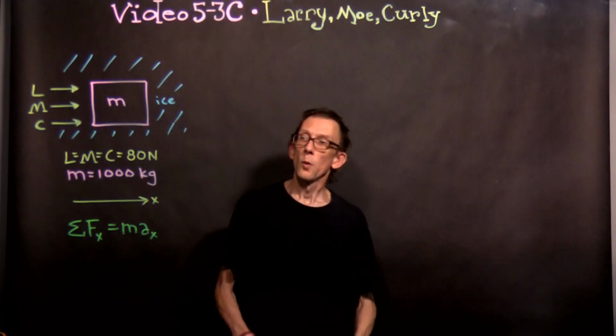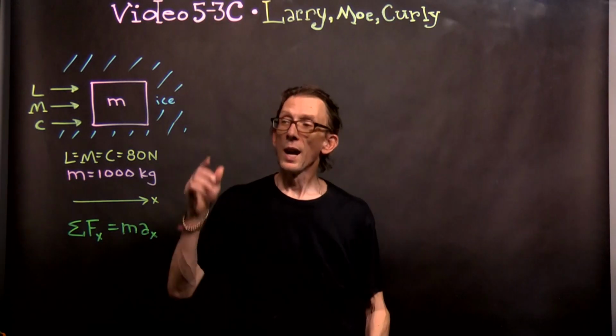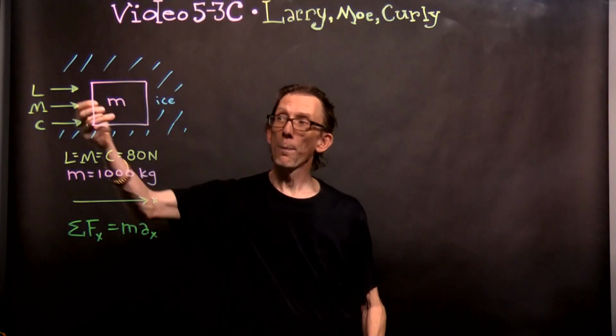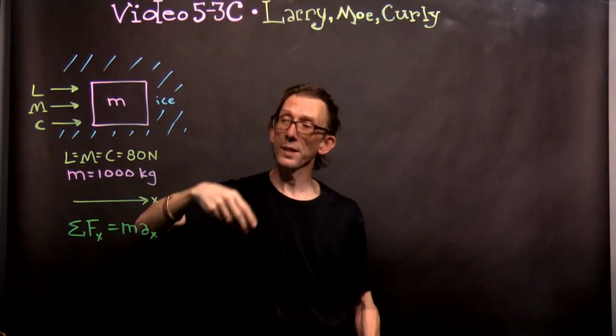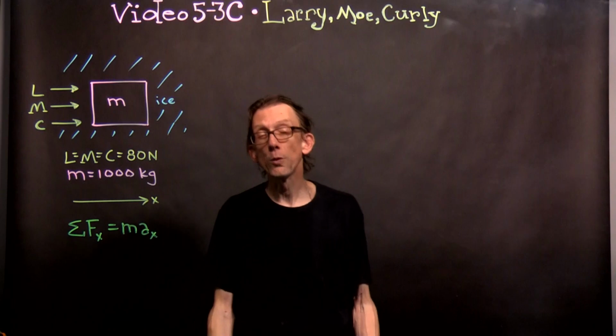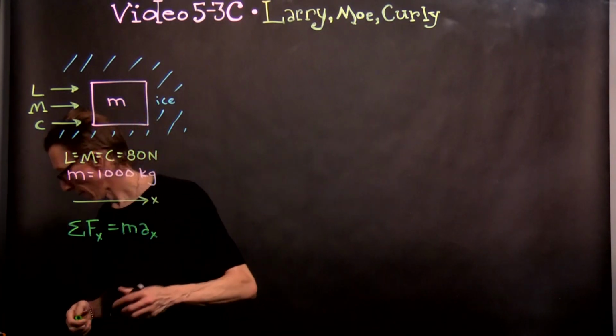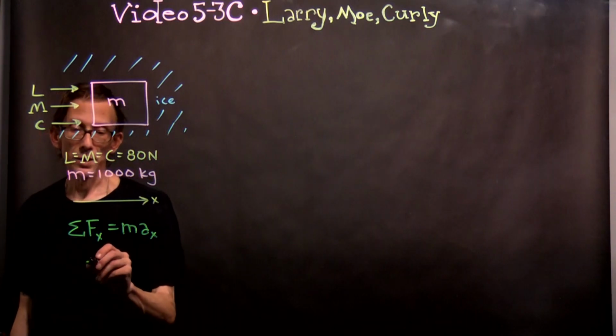So, we have three forces, L, M, and C, Larry, Moe, and Curly, and each of these gentlemen are pushing the crate across the ice to the right with a force of 80 newtons. Each one of them is pushing with 80 newtons. What we want to know is two things.